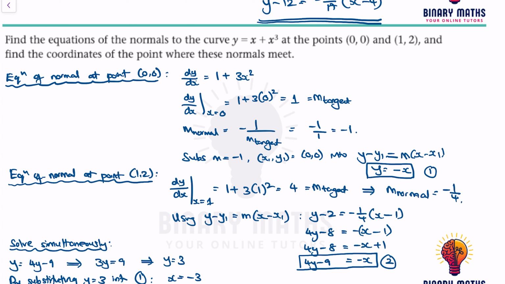So which means the normals meet at (negative 3, 3).